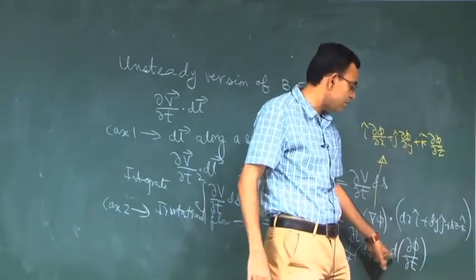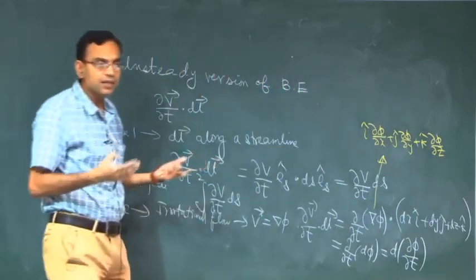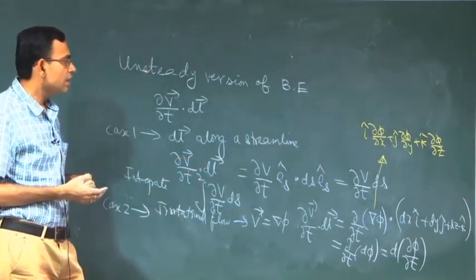In addition to that, you have d of del phi by del t. This you can write only if it is irrotational flow.